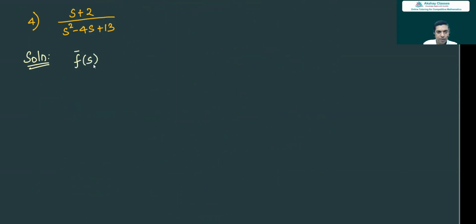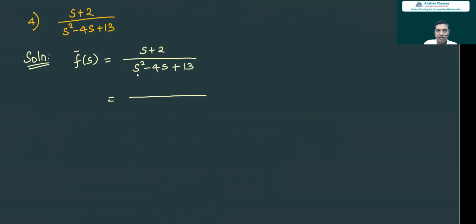Now f bar of s is s plus 2 by s square minus 4s plus 13. Okay. So now we need to simplify this. Look at the denominator.